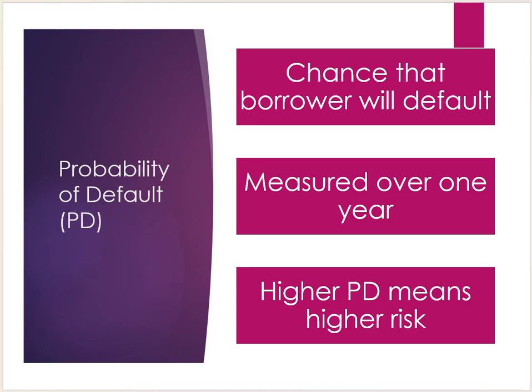If the probability of default is low, then the chance of default is very low. It is measured over the year. Every year the bank calculates the probability of default for each borrower and accordingly manages the rate of interest. If the probability of default is high, then the rate of interest will be high.